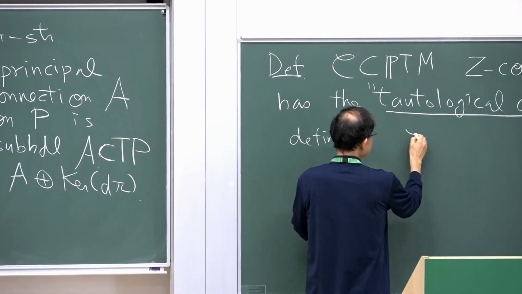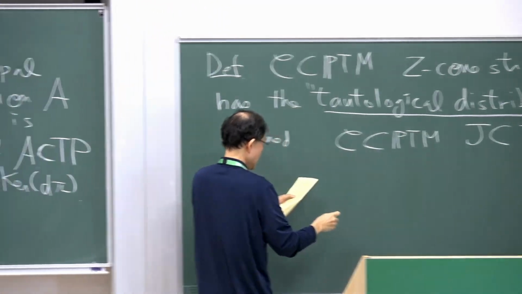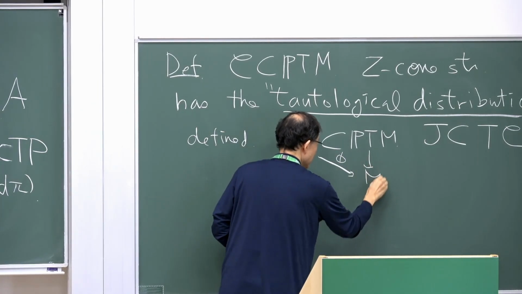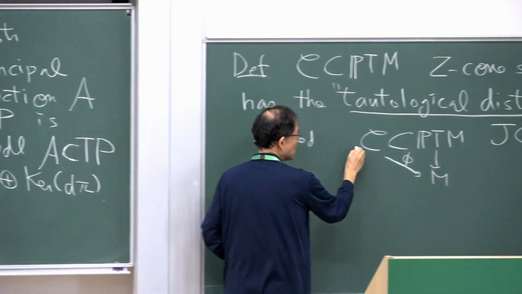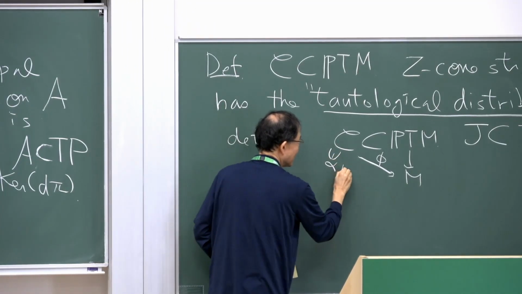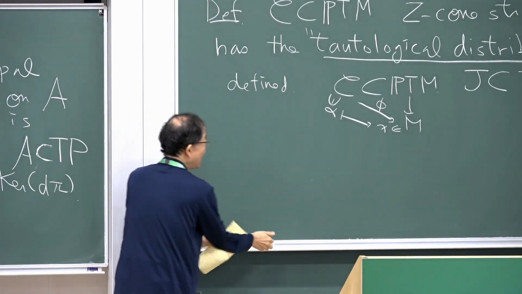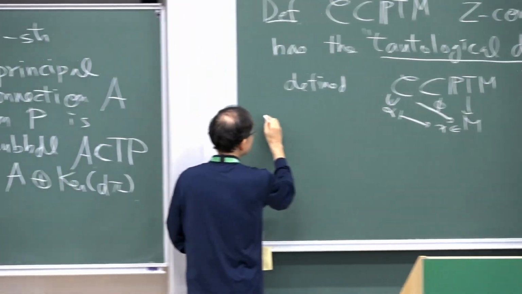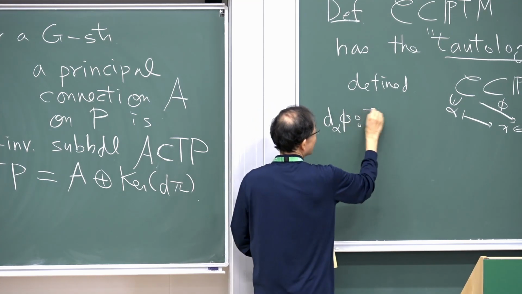So C is inside the projectivization of M, and then you have a projection P to M. Let's choose a point here, alpha, which goes to the point x. Then you have, of course, the derivative of this map.